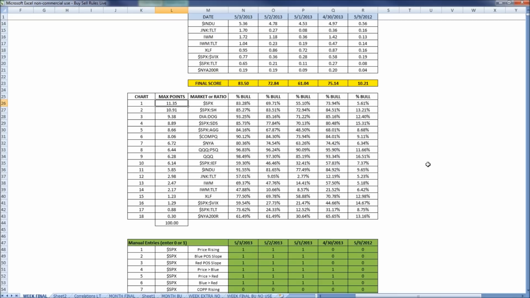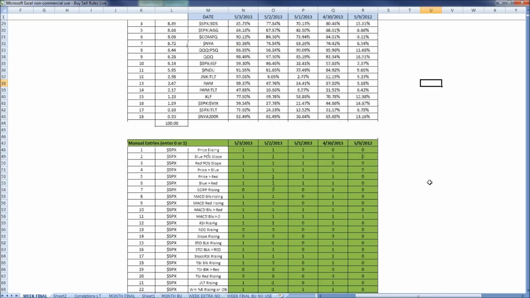What you can do too is when you look at the S&P 500, here are some of the rules that we've built. You can also notice the first questions are based on price, because price is the most important thing. The most important thing are price, those moving averages, and are we trending up, or are we trending down? Everything else is secondary. So you can also take each individual chart that you look at and overweight questions that are more important.